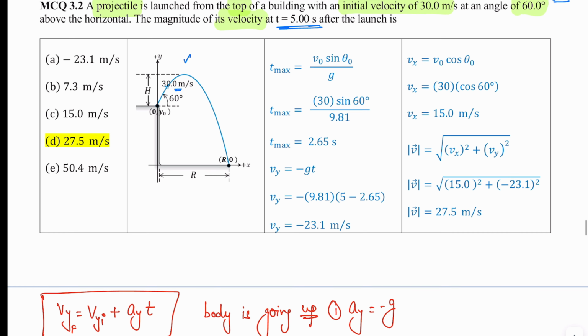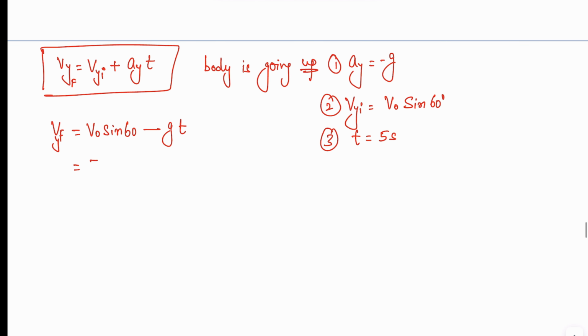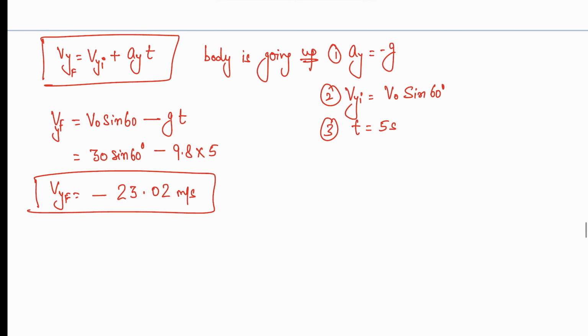Okay, just place it: 30 sine 60 degree minus 9.8 times 5. So you solve Vyf, the value is, solve it fast. So you will get negative 23.02 meter per second.